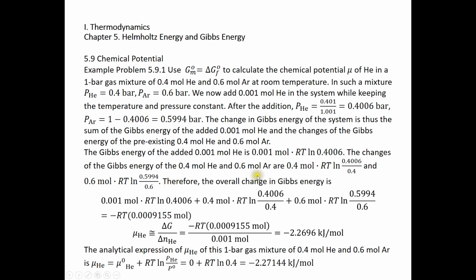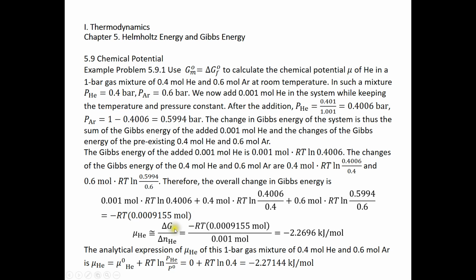So again, there are 3 components: the added helium, the change of the pre-existing helium, the change of the pre-existing argon. We sum it up, we get the finite change of G divided by the finite change of N helium. We get negative 2.2696 kilojoule per mole.